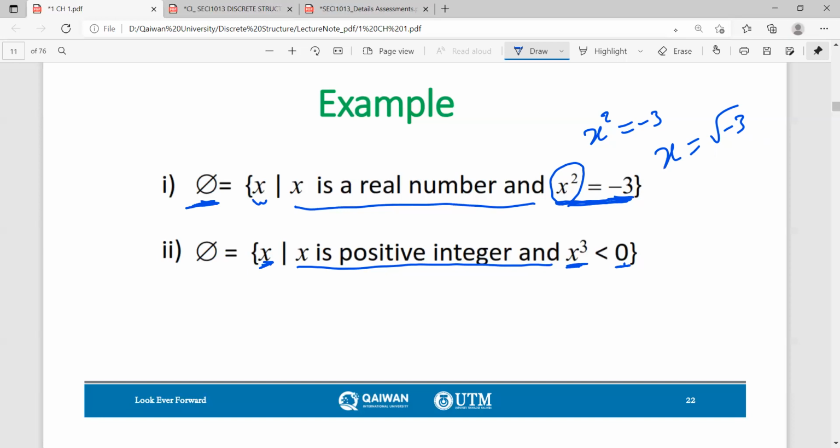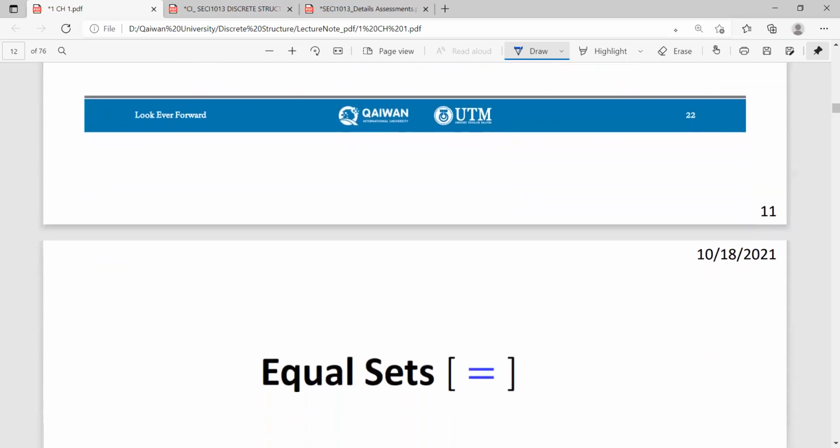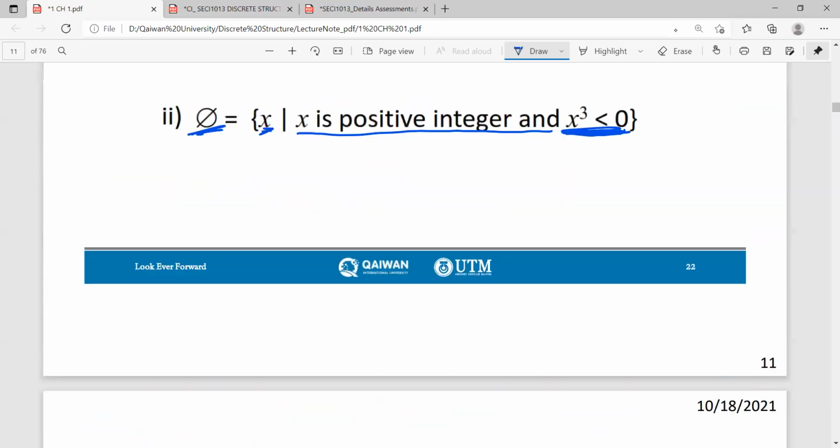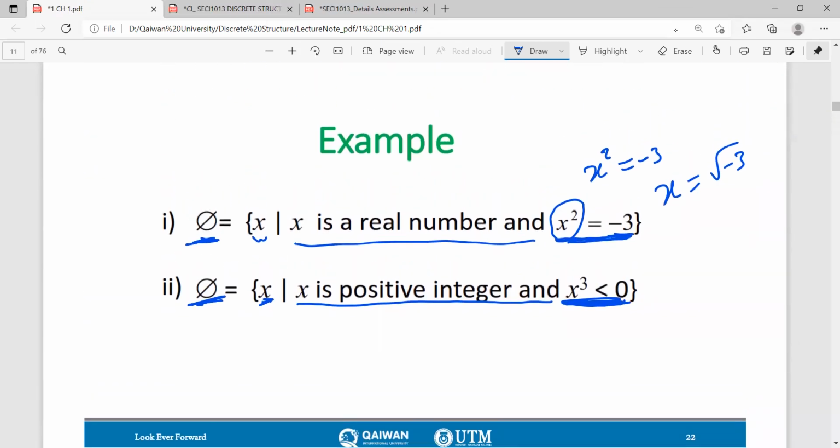That's why we say we have no number to satisfy this inequality, so it is also an empty set. If we have no number in that set to satisfy the condition, it means it is an empty set.